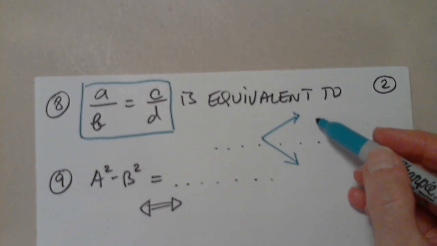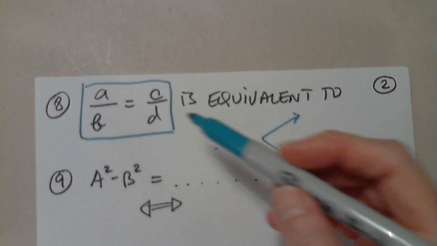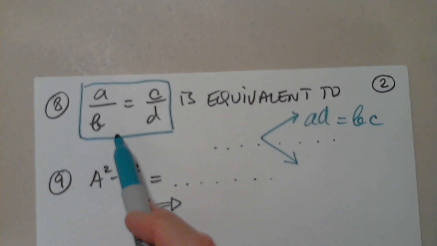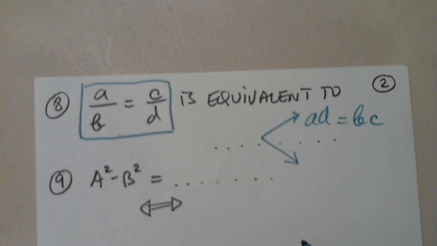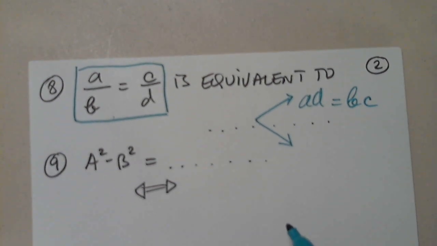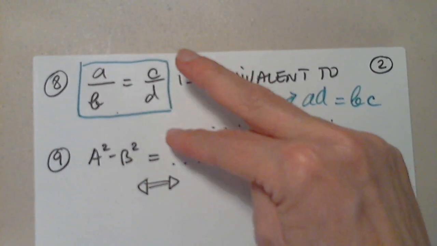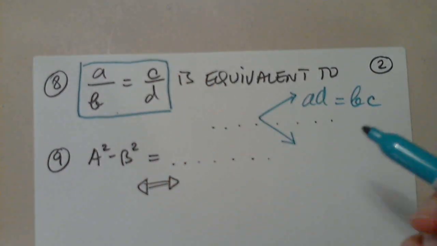What is the first option? Cross multiplying. Correct. Very good. AD equals BC. What is the other option? Another way of writing this. We did that last time.